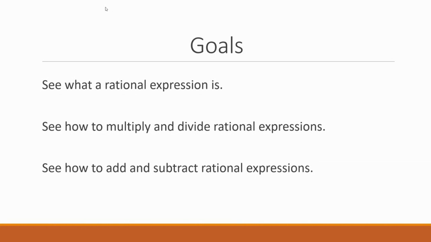I'm also going to show you how we can multiply and divide them, and how to add and subtract them as well.